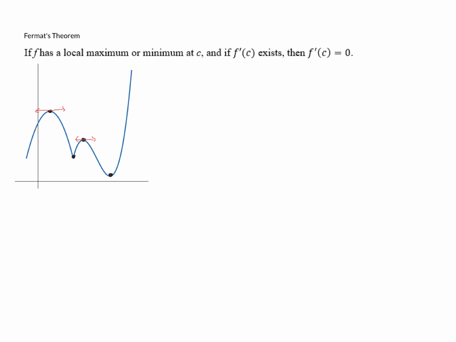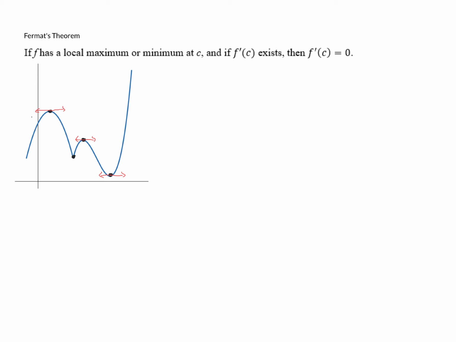Not drawing these perfectly, but you get the gist. And then also at the last one, we should have a horizontal tangent line. Again, not perfect, but you understand. And so if we look at these maximum and minimum values at the points where they occur, all of them have horizontal tangent lines or are not differentiable.